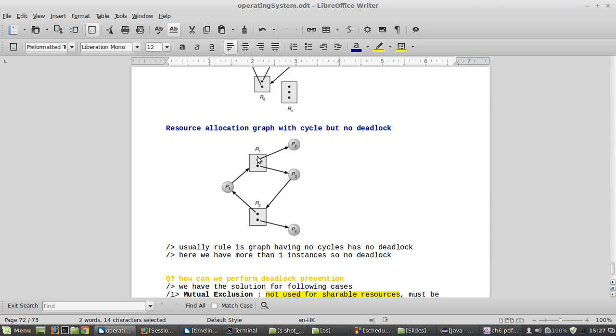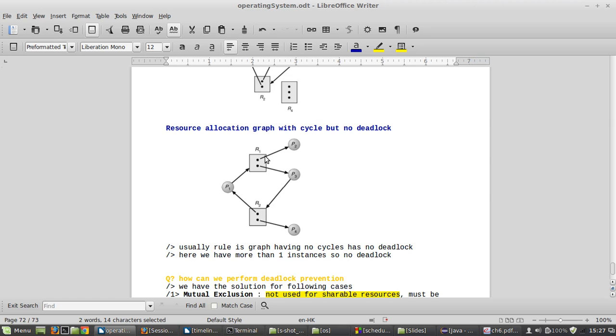Similarly, in this situation, the resource allocation graph has a cycle, but there is no deadlock because the R1 block has 2 instances.